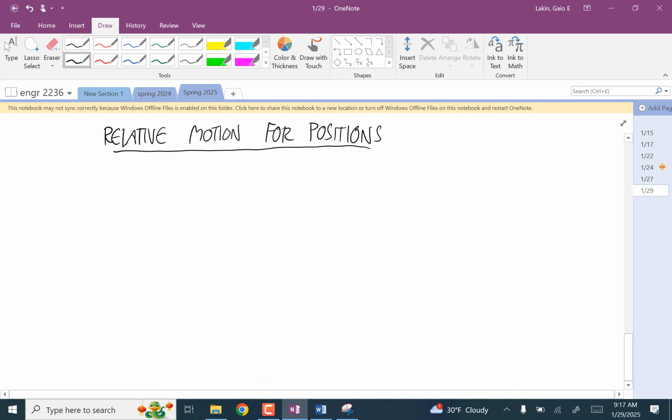Let's say that there's a coordinate system A and an aligned coordinate system B, and then a point P. Each one of these is a video camera that's measuring the location of P. So according to coordinate system A, this is the position vector.